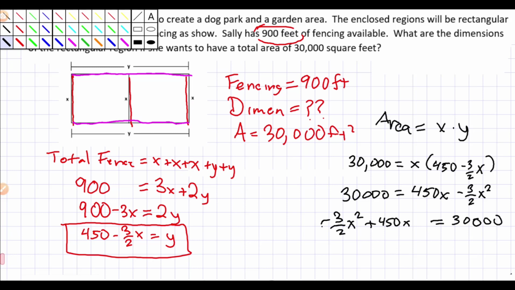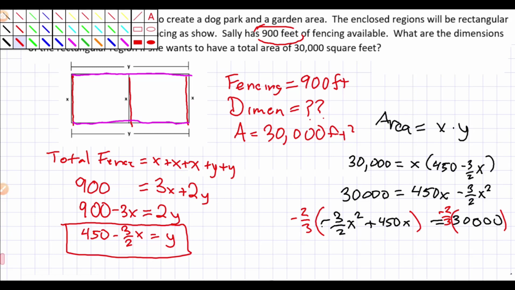All right, now I'm going to simplify this in one step. Remember, if we're going to complete the square, I need to get rid of that negative 3/2. I need that just to be a 1. So what I can do on this problem is I'm going to multiply this side by negative 2/3 and this side of my equation by negative 2/3.